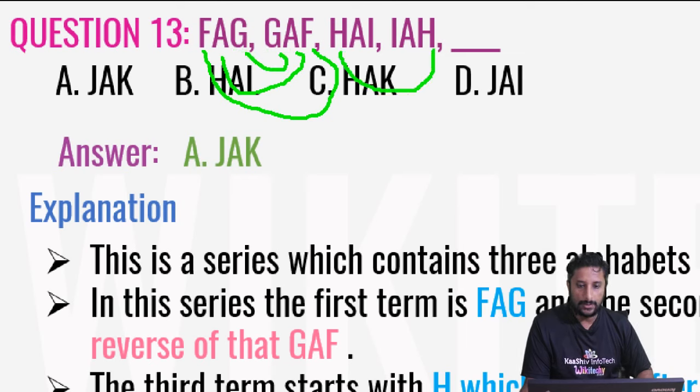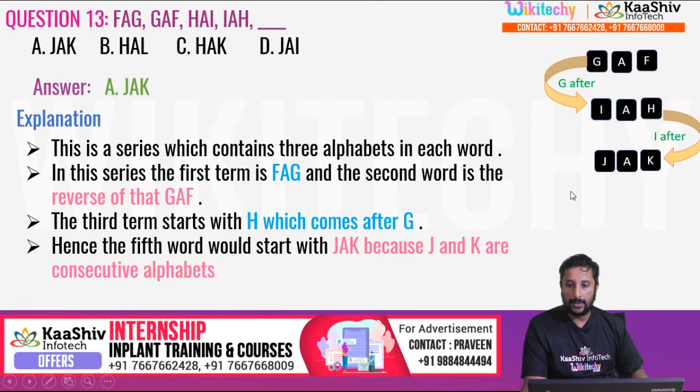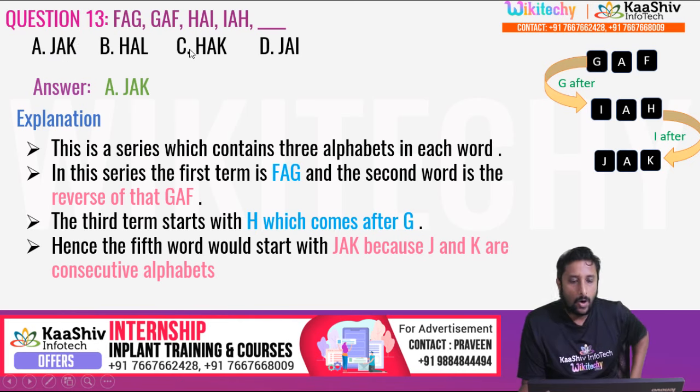H comes here, I comes here, A. So the next one, the center should be A, A, A. The first letters are F, G, H, I, so it should be J. I got my J here: F, G, H, I, J, K. The next letters are J, K.